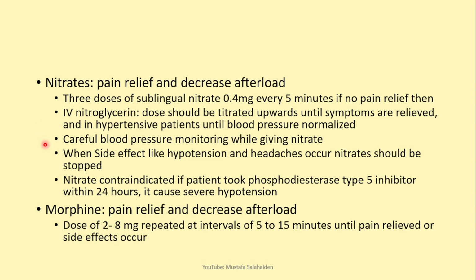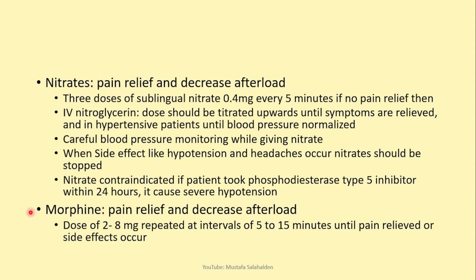Careful blood pressure monitoring is needed while giving nitrates because nitrates decrease blood pressure and your patient might go into hypotension. When side effects like hypotension and headaches occur, nitrates should be stopped. And nitrates are contraindicated if the patient took a phosphodiesterase type 5 inhibitor within 24 hours. It causes severe hypotension if you give your patient nitrate with this drug.